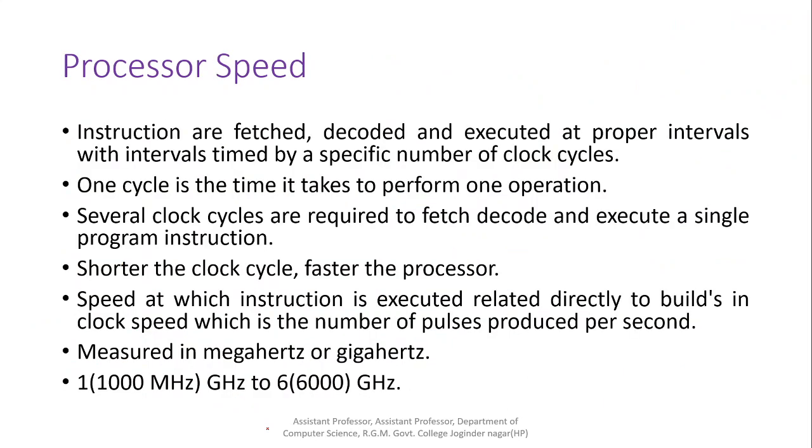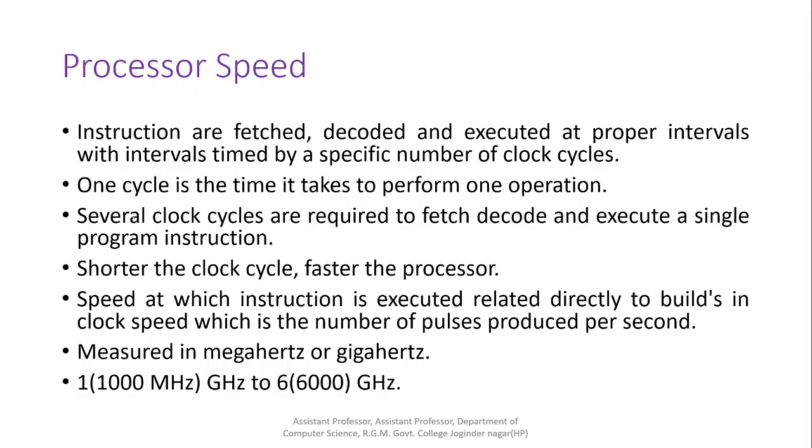Next, what is processor speed? In today's world it is a very important concept: how fast, how efficient, or how powerful your processor is. Instructions are fetched, decoded and executed at proper intervals, timed by a specific number of clock cycles.